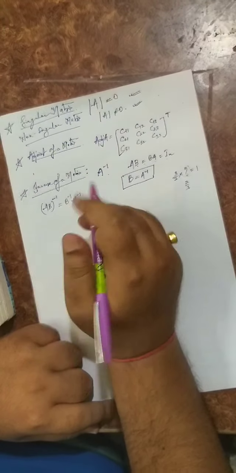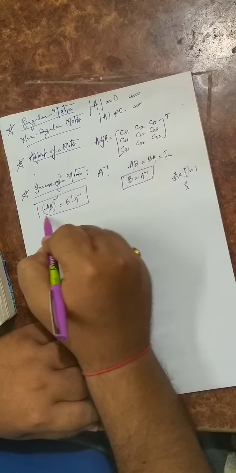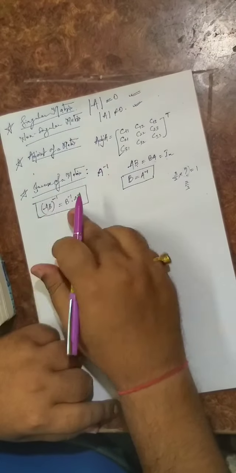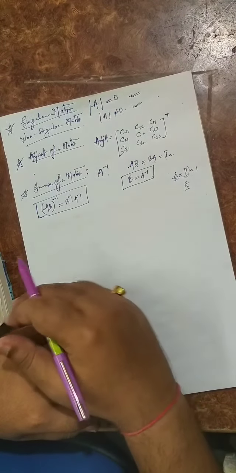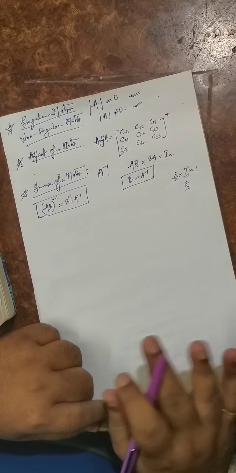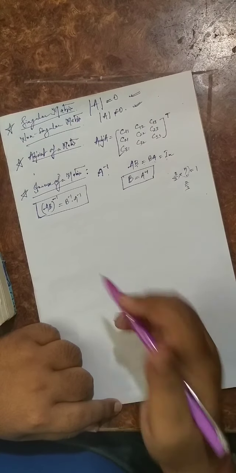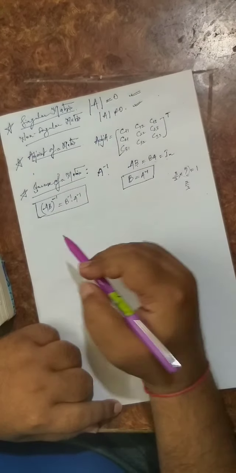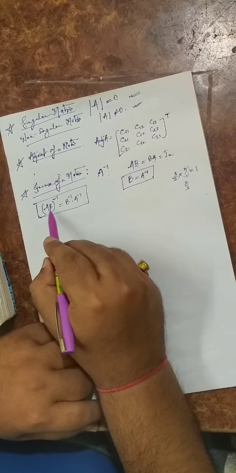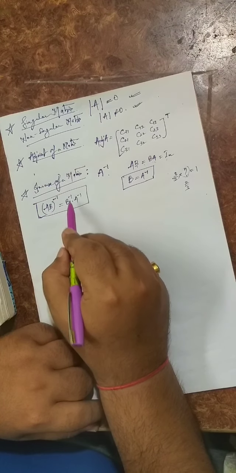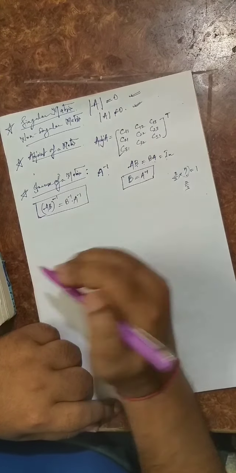You should remember these properties and you can apply them. Proving is not required right now; I am dealing with the questions only, which are there in the exercise. Doubts I will clear in the class afterwards. So very important property: (A into B) whole inverse is equal to B inverse into A inverse.